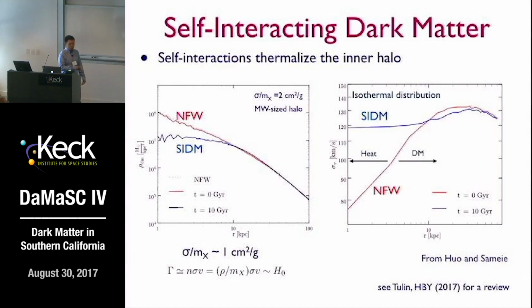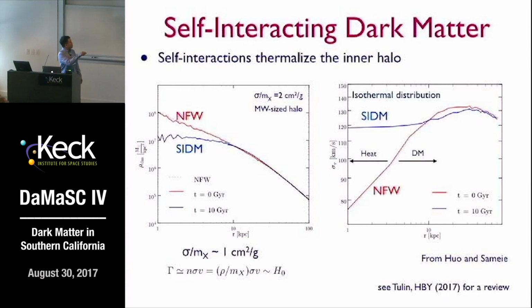So Drew has mentioned this cross-section. This is a cross-section normalized by the mass. This is about 1 centimeter squared per gram. So this cross-section is close to the nuclear cross-section, like proton-neutron and neutron-neutron scattering cross-sections. You can get this number by demanding that collisions happen several times in the inner region per age of the galaxy.